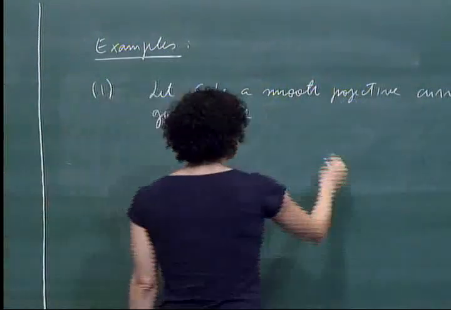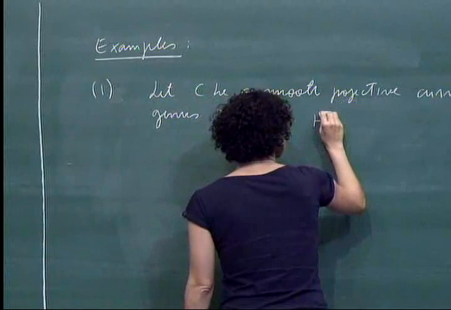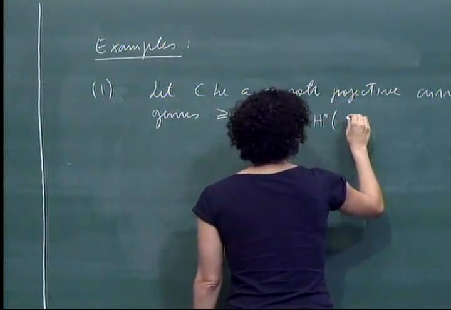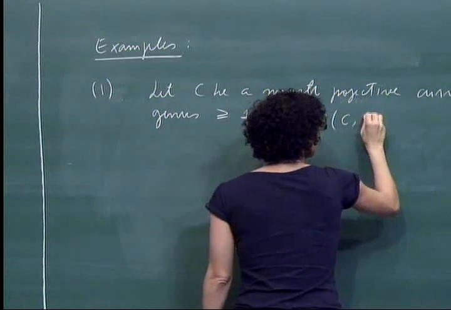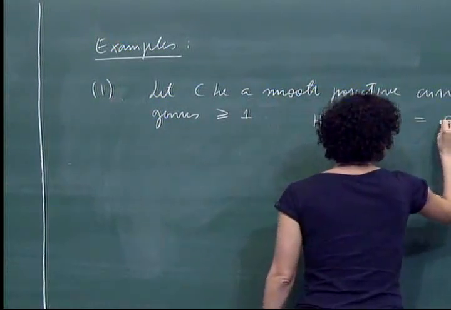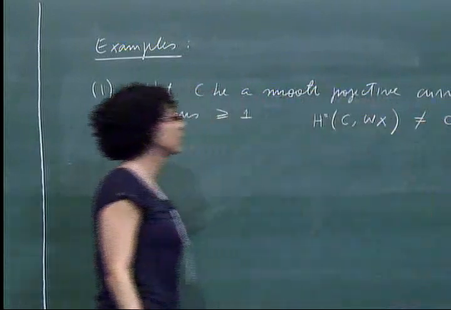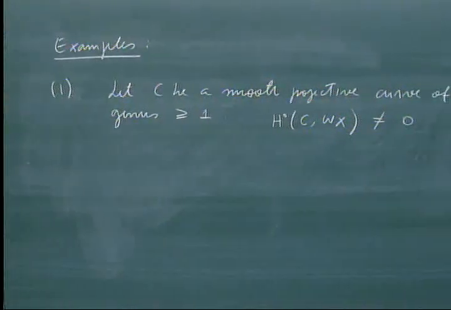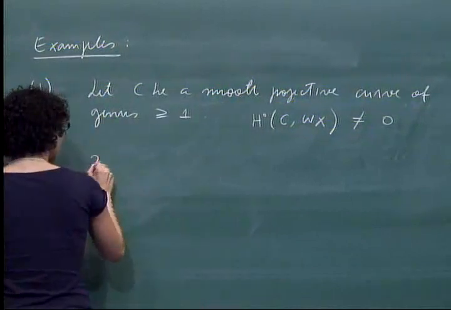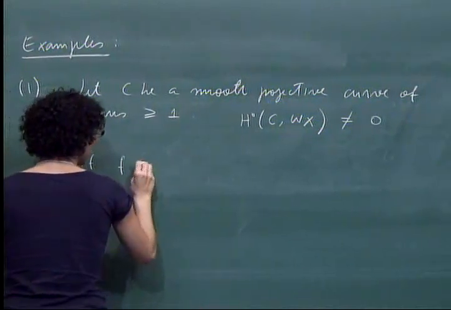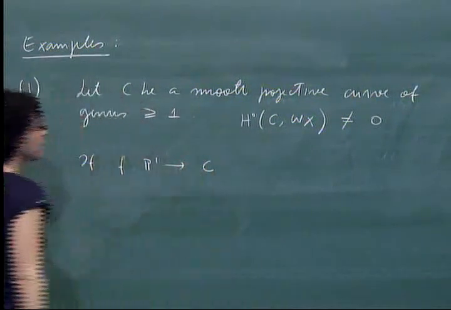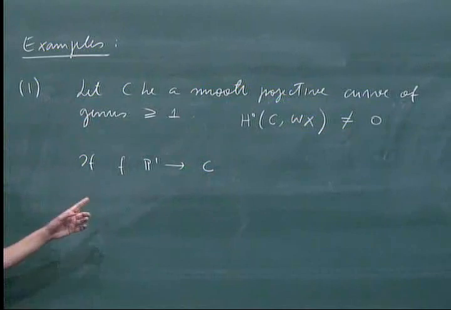Then we know that the canonical sheaf of C has global sections, so this is not 0. If we have a morphism f from P1 to C, then what we can do is the following.